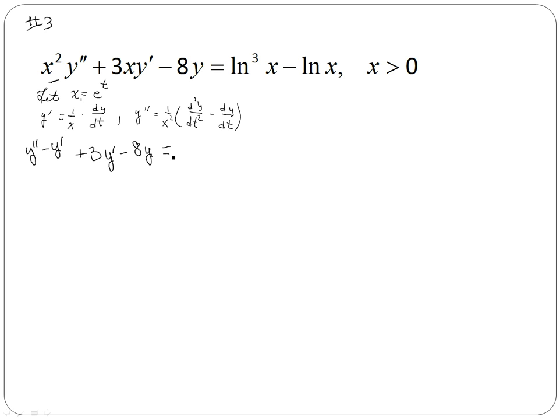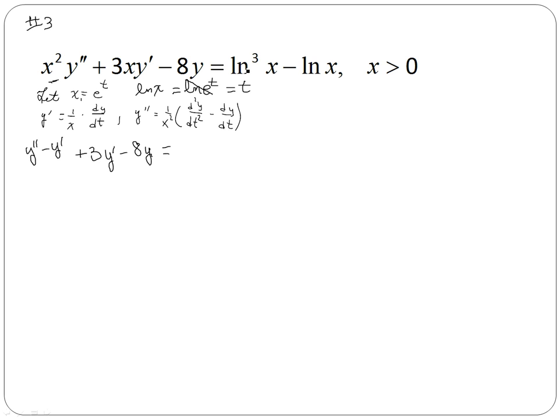is equal to, and here when we make our substitutions, notice that if x is equal to e to the t, then taking the natural log of both sides, the natural log of x is going to be equal to the natural log of e to the t power. And this natural log and the exponential function cancel out to give you just a t.